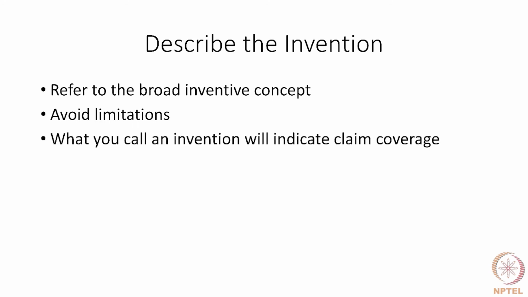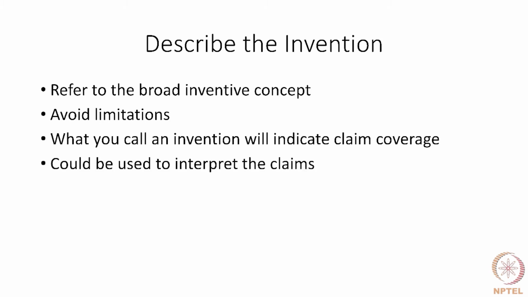In the detailed description, whatever you refer to as an invention will indicate the scope of your coverage. So when you call something an invention in the description, understand that that will be regarded as what you have claimed. The description could be used to interpret the claims. As we said, it's an intrinsic tool or aid for construction of a patent.